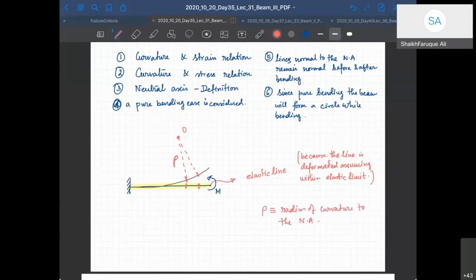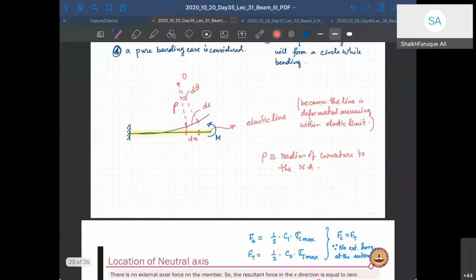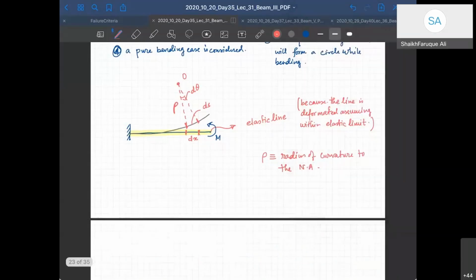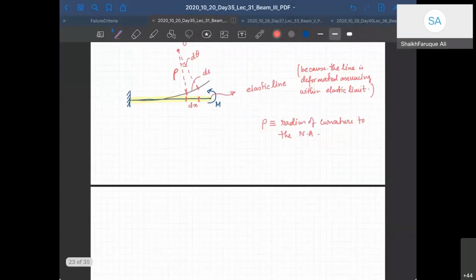If that is dx, in a curved space it will be ds. And if the angle subtended is d theta, then we get a relationship as we discussed in the last class. The relationship is between kappa and strain.